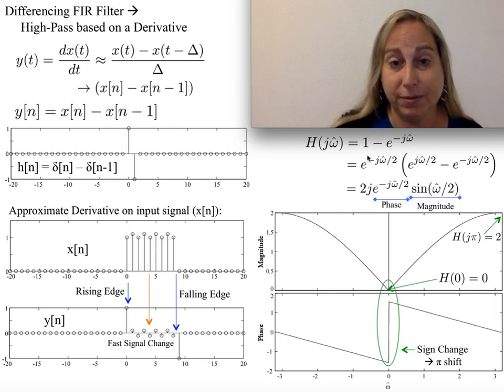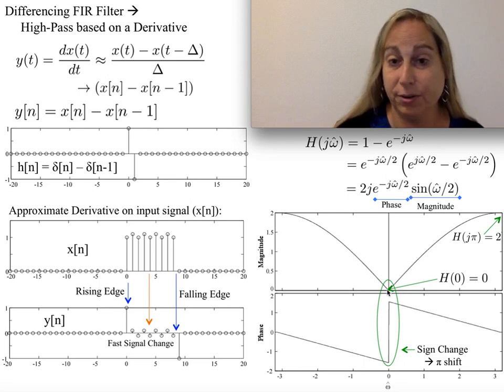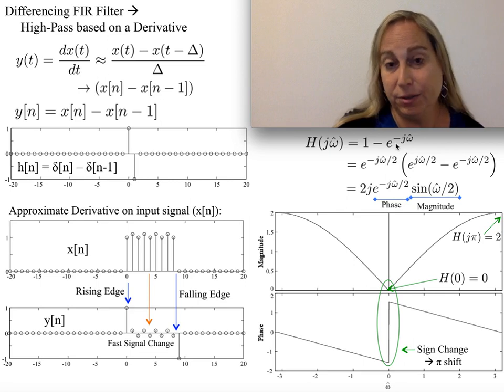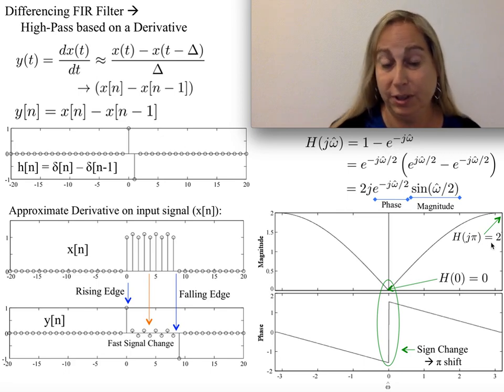And what's interesting is if I actually take this structure and compute its phase, a couple of things happen. The first thing I notice is if I compute H of 0, that's going to be 1 minus 1, which gives me 0. So I know I'm sitting at 0 with 0 phase. I also know if I'm sitting here at omega equal to pi, this is going to be 1 minus minus 1, so that is 2. And then it's going to shift in between.